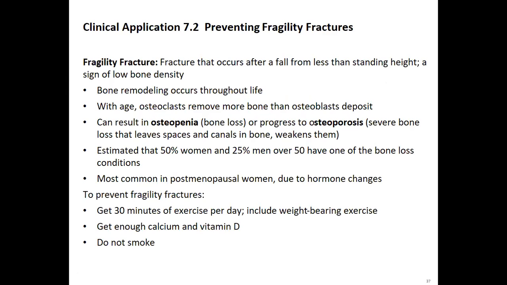So, how do we prevent these fractures? If someone has a fracture that occurs from a fall that is less than standing height. So let's say you are a person that is 5'6".